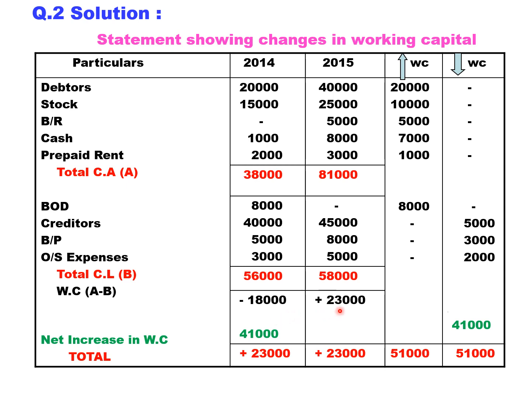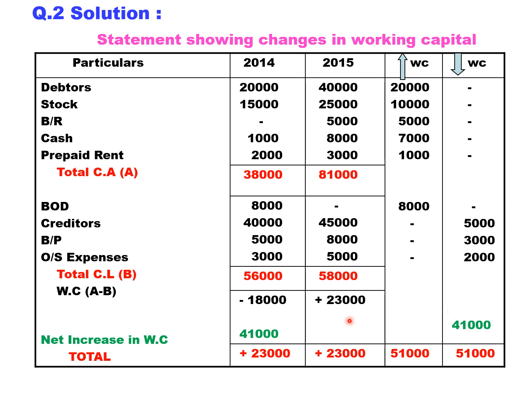And working capital for the current year is 81,000 minus 58,000, you get 23,000. So students, to come to a conclusion, working capital last year there was a negative 18,000. Current year there is a positive of 23,000.